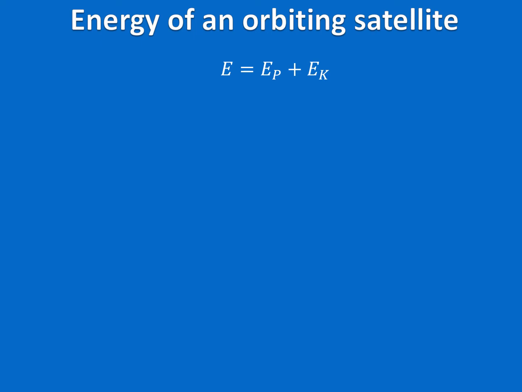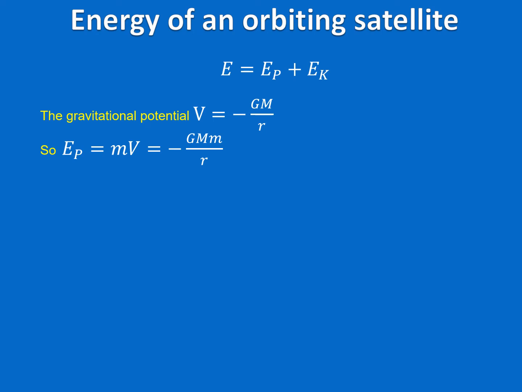So remember, the gravitational potential is the work done per unit mass. So to find the potential energy, it will be the gravitational potential times the mass. Gravitational potential is minus GM over r. If we think about the satellite, we need to multiply that by the mass of the satellite, and that will give us the potential energy.